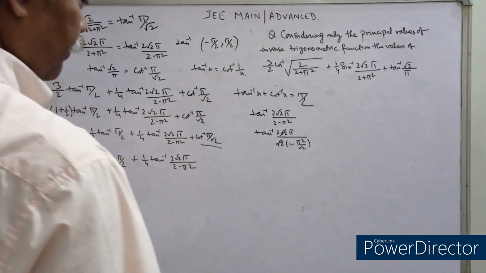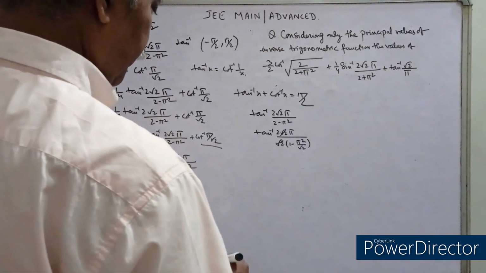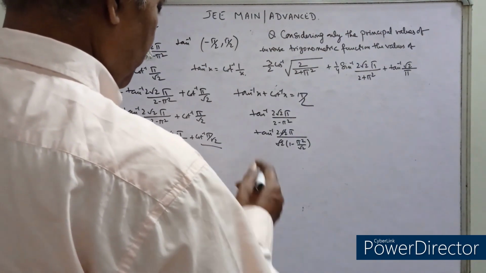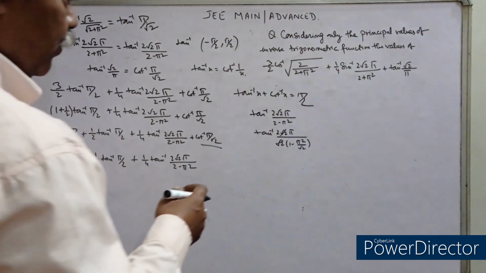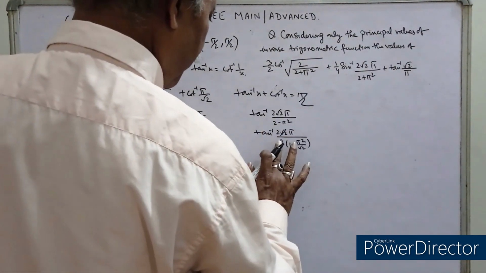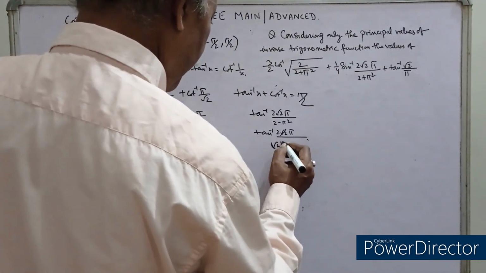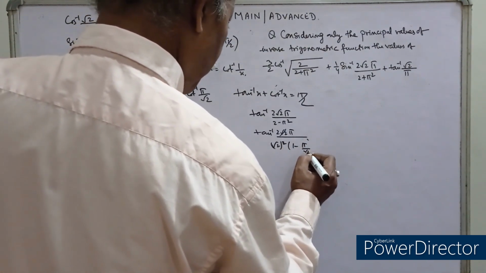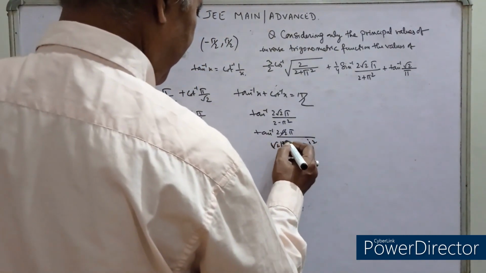Now here again, root 2 square, sorry, this is root 2 square. So if we take root 2 square common, this will be 1 minus pi by root 2 the whole square, and this cancels out.